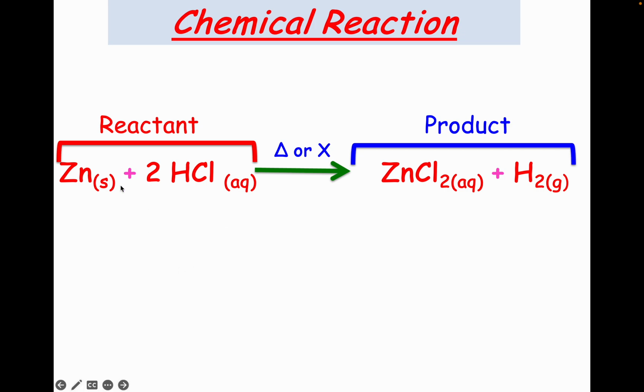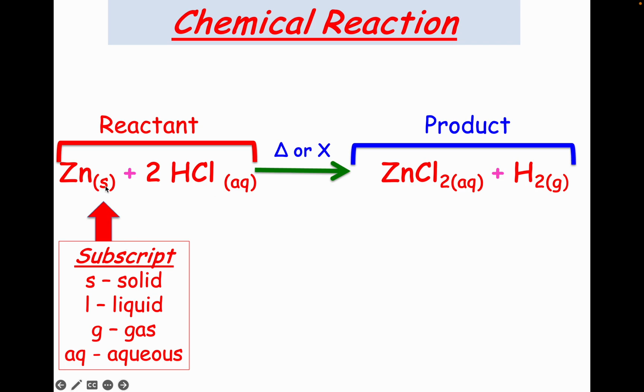Good. Now you may notice some parentheses with letters in there. These all mean something. You notice that there are numbers in front. You notice plus signs. We notice arrows. And we notice that sometimes there are things over the arrow. So we're going to get into all of that. If you have a letter for a subscript, remember Superman rides the subway.